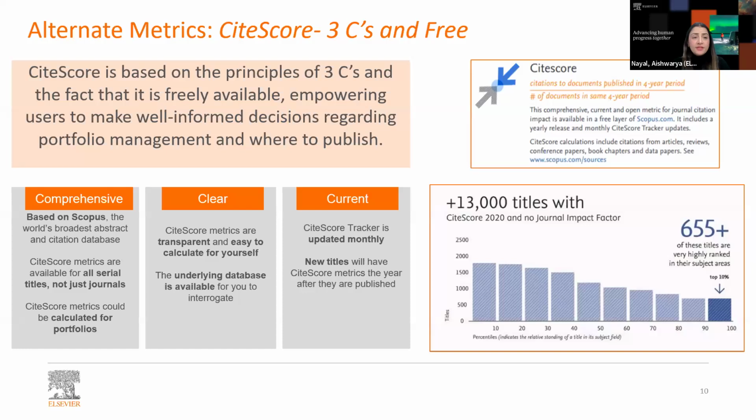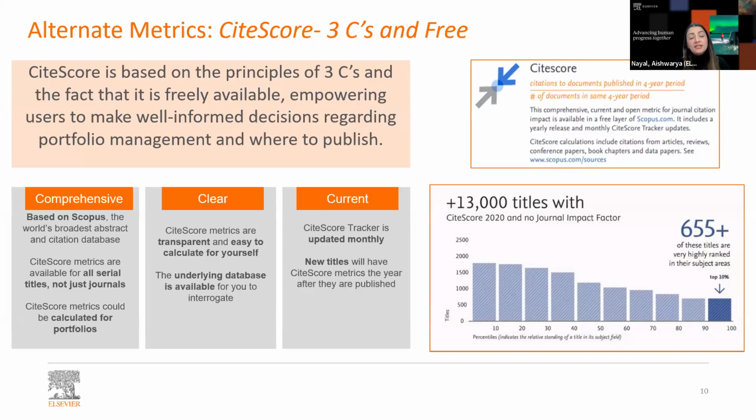The first alternate metric, it used to be called an alternate metric, but it is no longer called that because now these have become important metrics. First is CiteScore. CiteScore is based upon the principle of three C's. First, it is comprehensive because it's based upon Scopus. It is clear. You can see the formula on your screen. You can calculate it yourself. Then it is current.